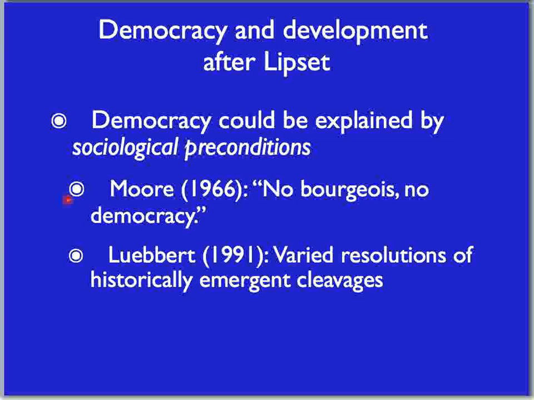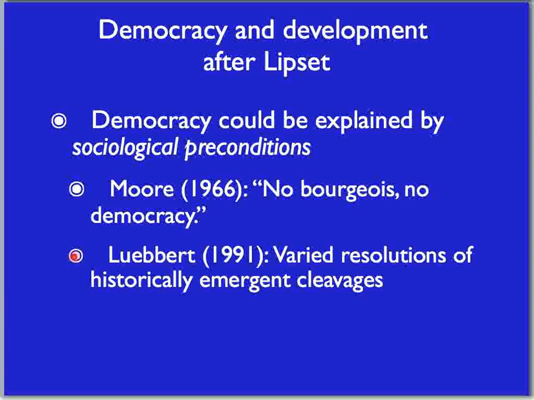And Lubert, whom you recently read, argued that varied resolutions of historically emergent cleavages, in particular the issue of whether or not liberals were able to attain dominance in the 19th century and then how that shaped the politics of labor in the 20th century, explain whether or not democracy happened.